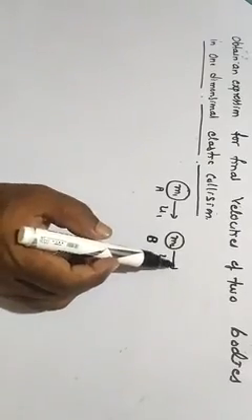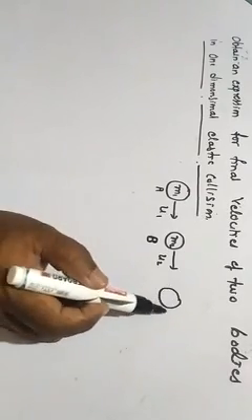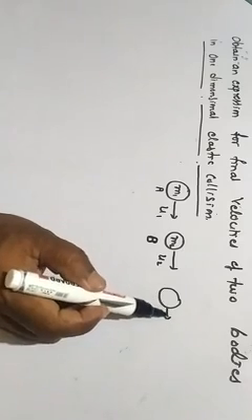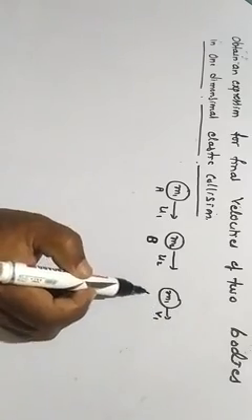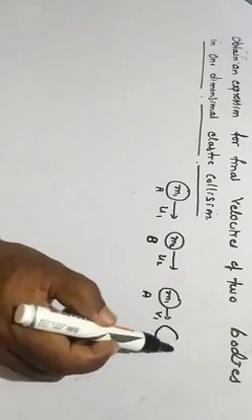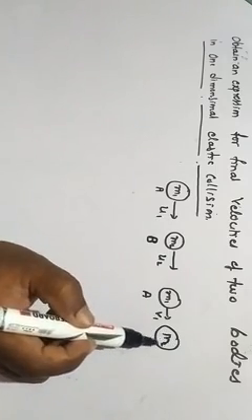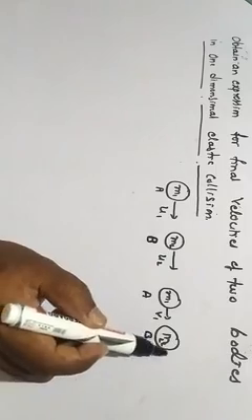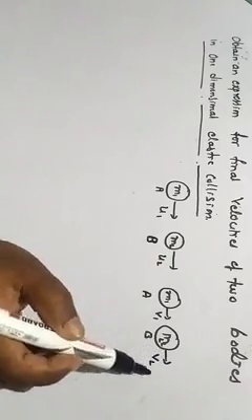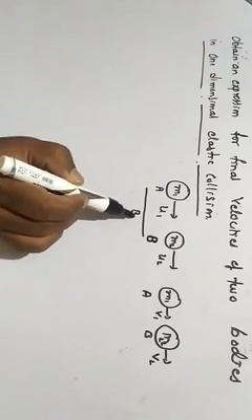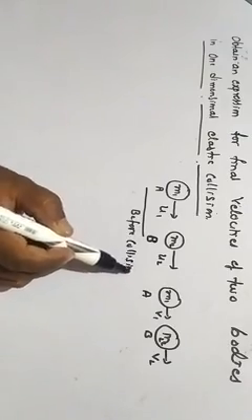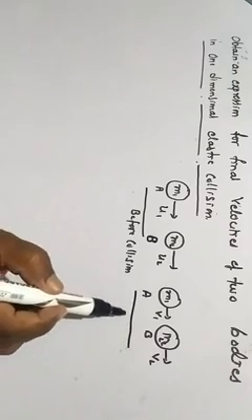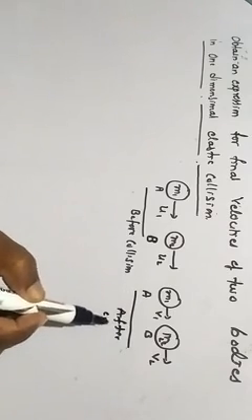After collision, these two bodies are moving in the same direction, but the mass is m1 and the velocity will be v1. This is body A. And what about body B? This is m2, body B, and the velocity will be v2. So this is before collision, and this is after collision.